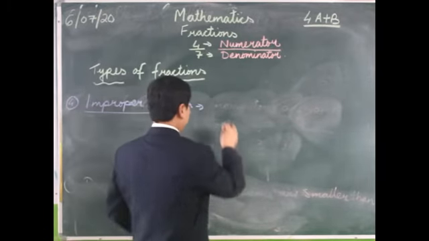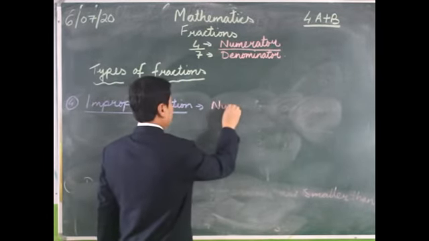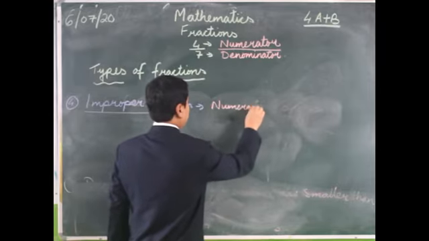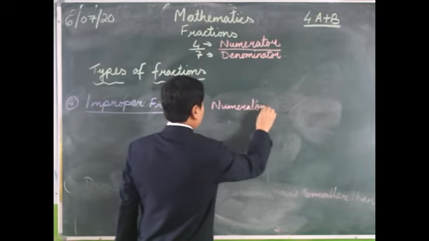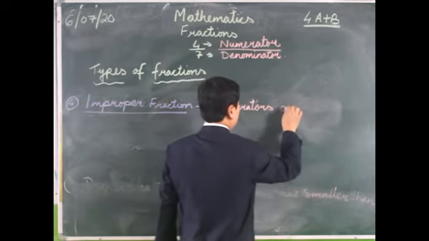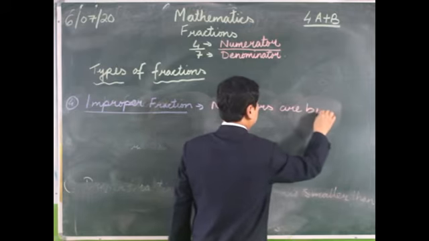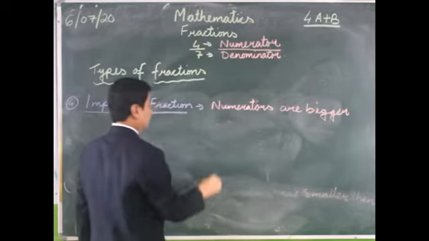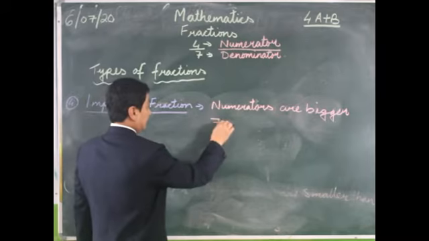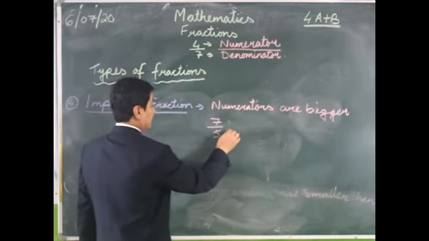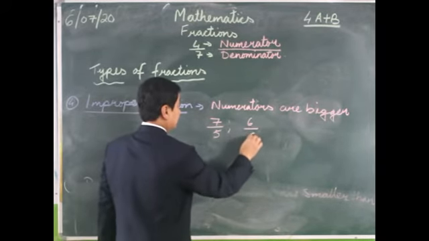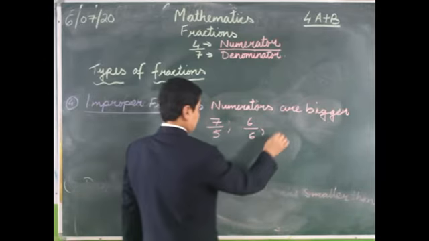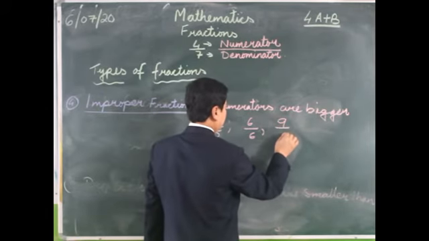So, numerators are bigger, or it can be the same. For example, 7 upon 5, it can be 6 upon 6, 9 upon 8.